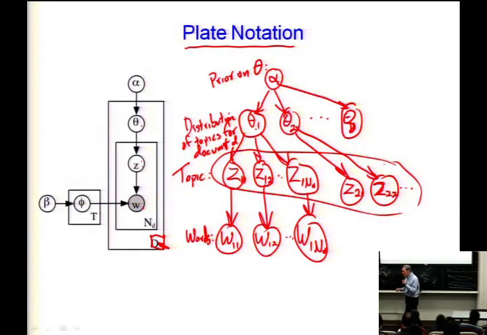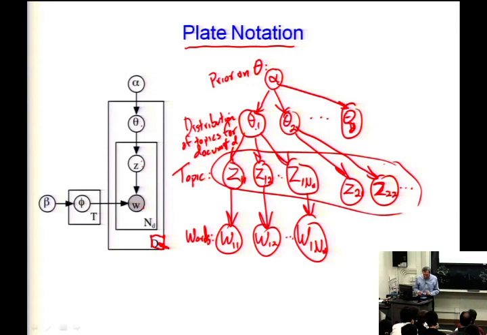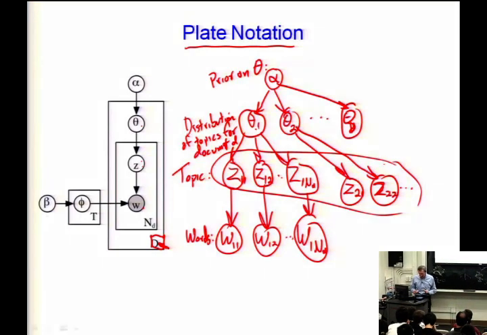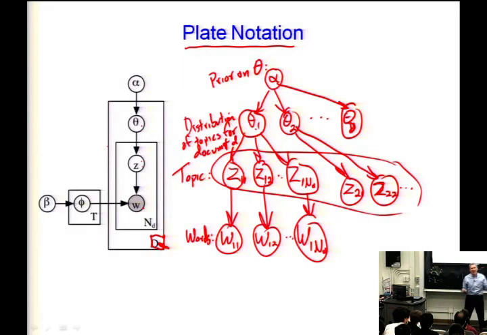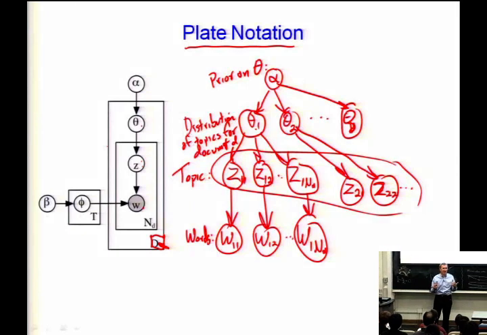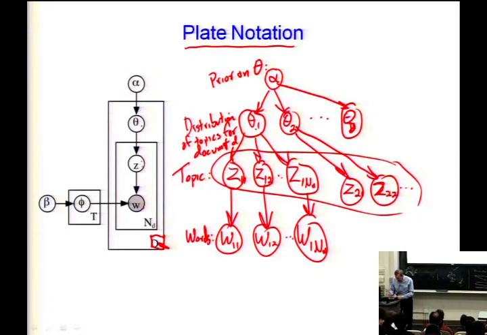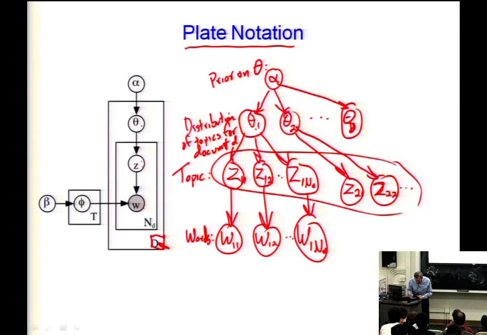Okay. There's just one detail I left out when I was describing the plate notation that I should be sure to tell you. When you use this plate notation, it's saying more than just the structure of the BayesNet. It's also saying there are a lot of shared parameters in that BayesNet. In particular, Z depends on theta here, and theta has a lot of descendants.